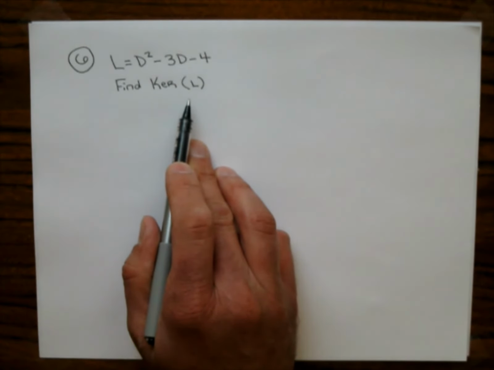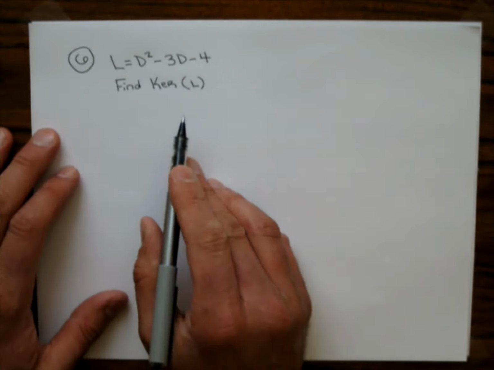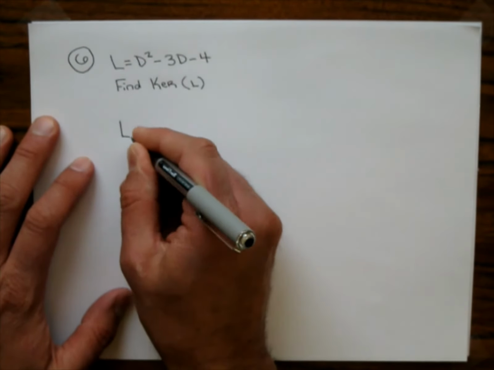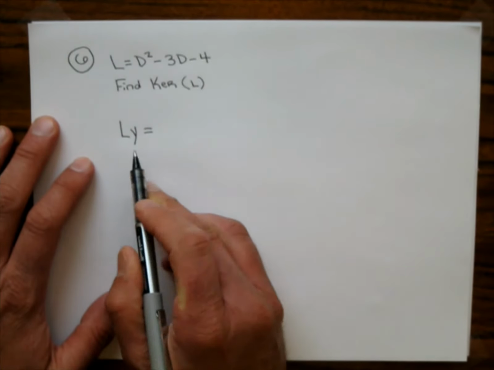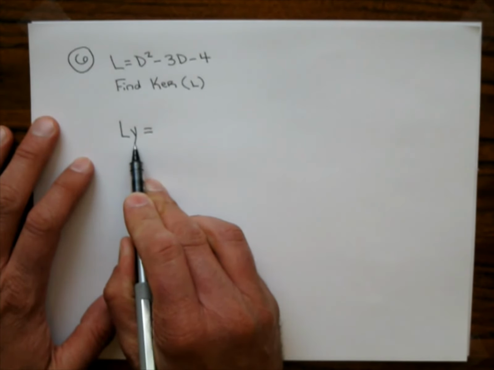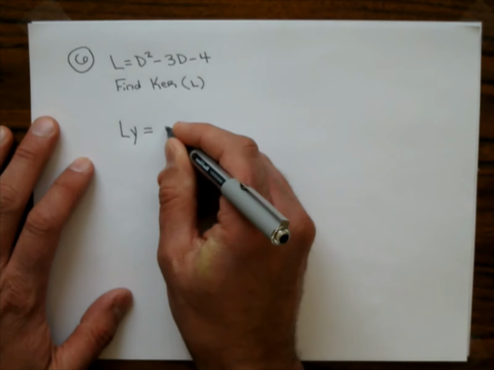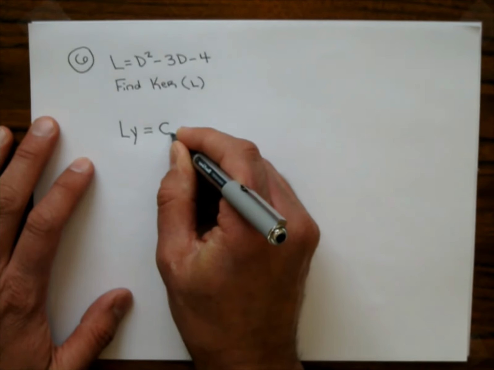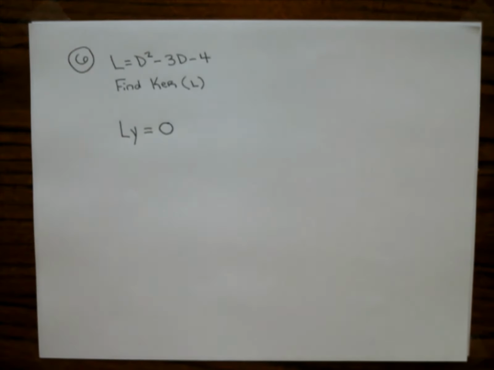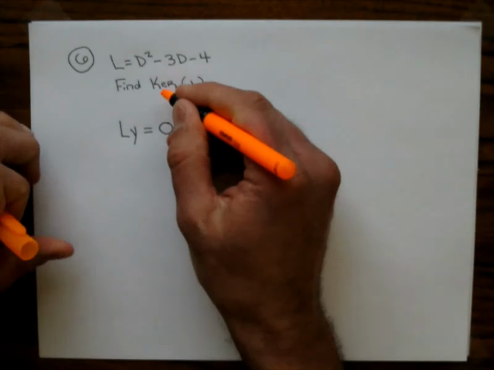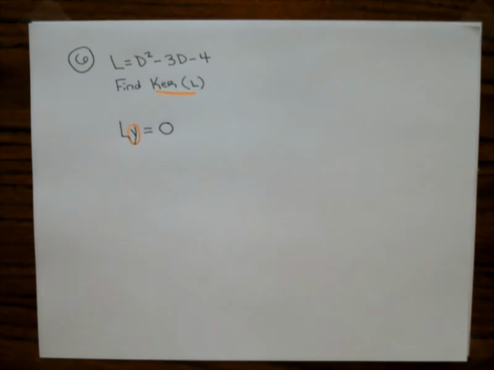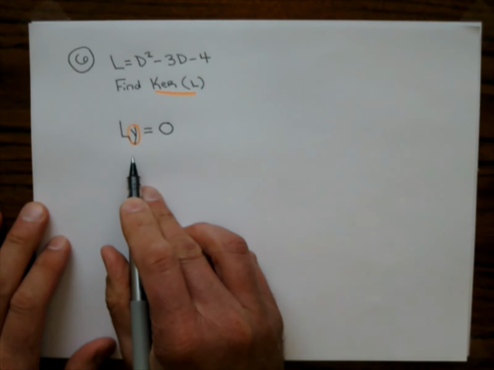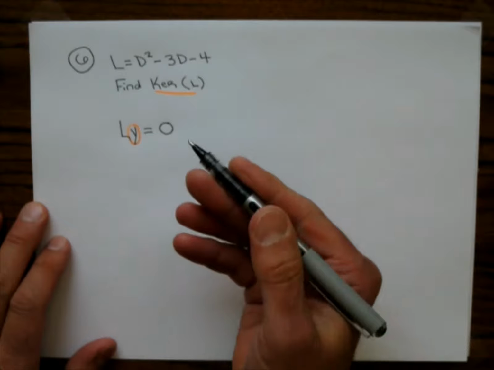How do I find the kernel of the linear transformation? The kernel happens to be all functions y, where Ly will equal 0. So some of you are like, the kernel, he's right there, but we have to say what that is. What is that kernel? Well, we don't know what it is. We're trying to find it.